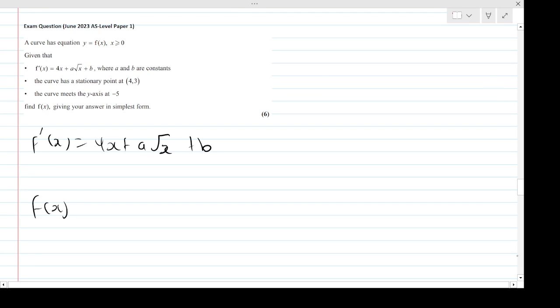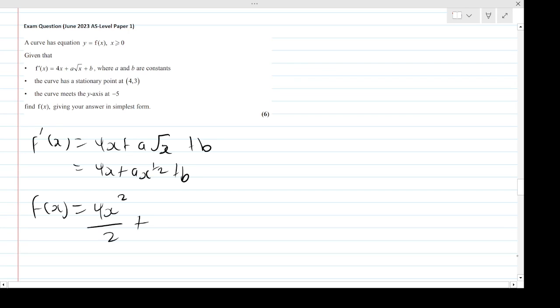We're just going to start by integrating first, to get from the derivative to the normal function. Firstly, this root x is going to be a problem, so I need to rewrite it as a power. It's going to be 4x add a x to the half, add b. Now I can integrate. Firstly 4x becomes 4x squared, then I divide by 2, so add 1 to the power.